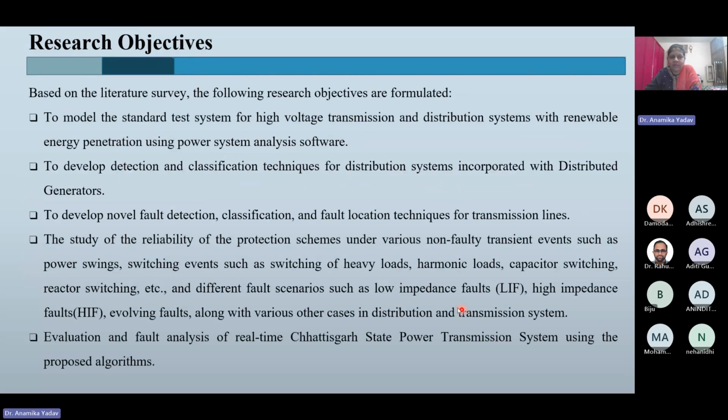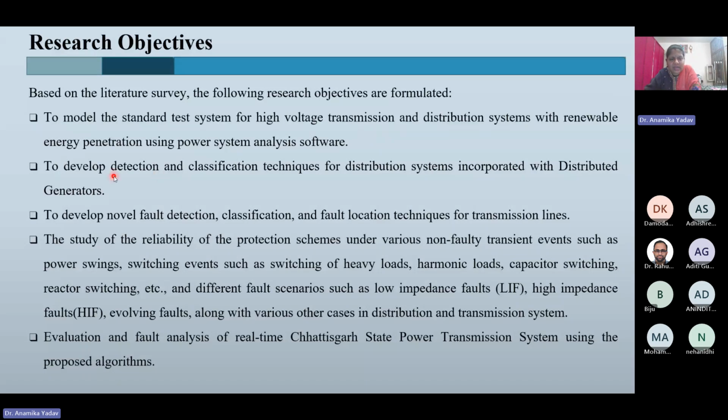So these are the research objectives that will be dealt with. Initially we will be modeling the standard test system of high voltage and distribution systems with penetration of renewable energy systems in either MATLAB or PSCAD, and then through short circuit studies, the different faulty situations will be simulated, and these will be further utilized to generate the training data set for the AI based schemes.